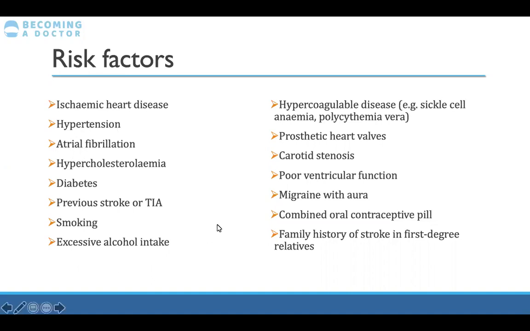All the other things you can see mainly overlap with having any ischemic cardiac event as well, so the risk factors overlap with cardiovascular risk factors. And any hypercoagulable states or issues like atrial fibrillation and so on.